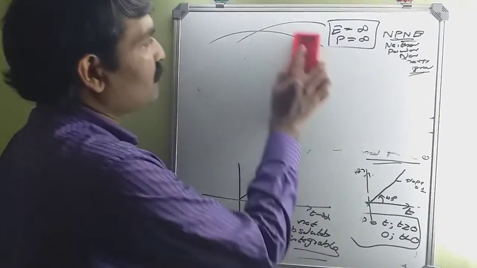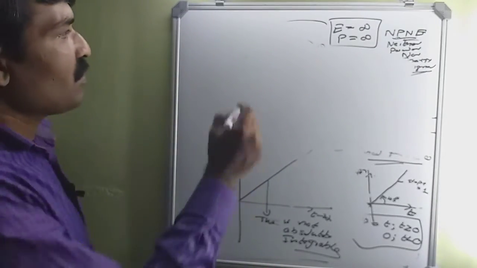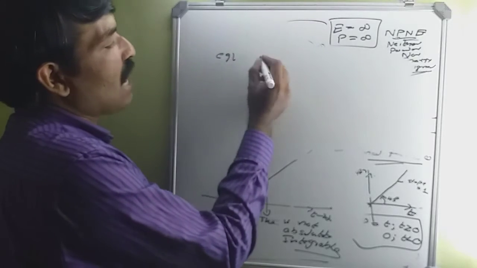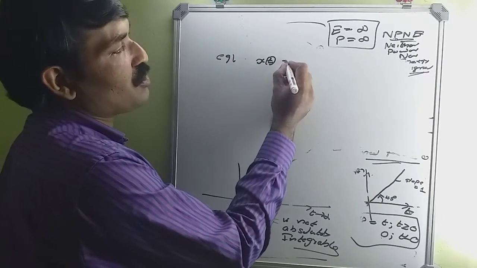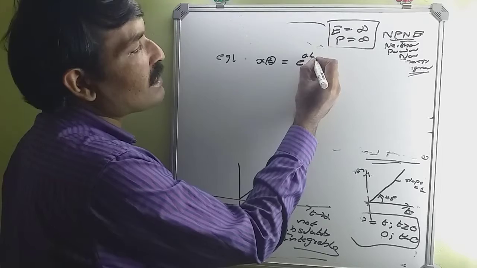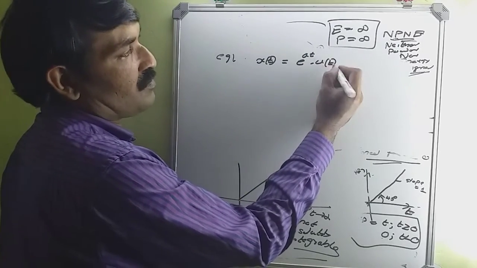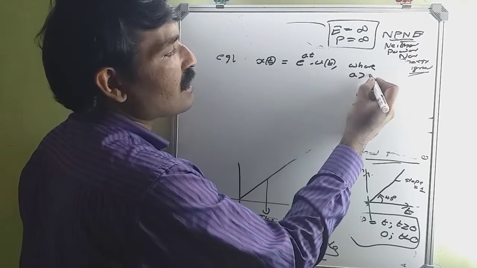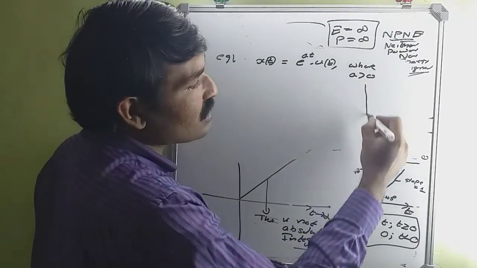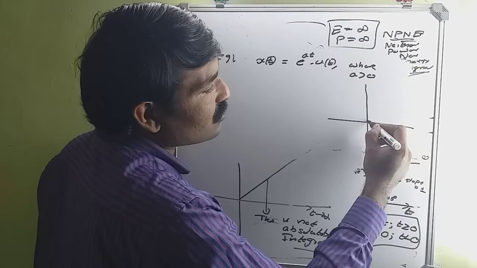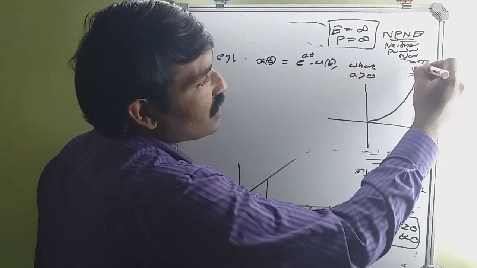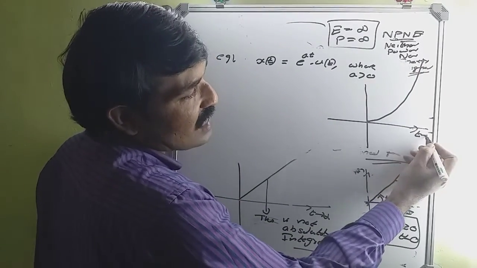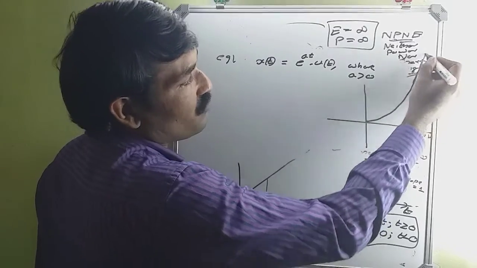For example, you consider example x of t is equal to e raised to at into u of t, where a is given greater than 0. What's the graph of the signal? The graph of the signal exponentially increases to infinity. As t tends to infinity, the signal goes to infinity.